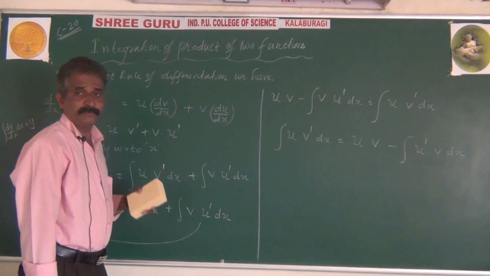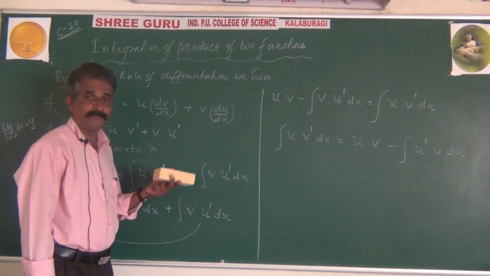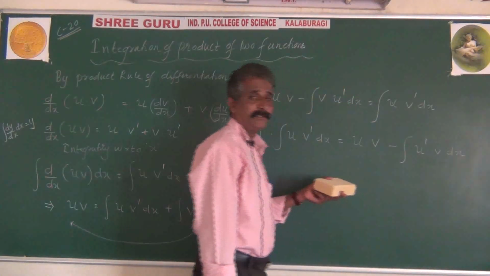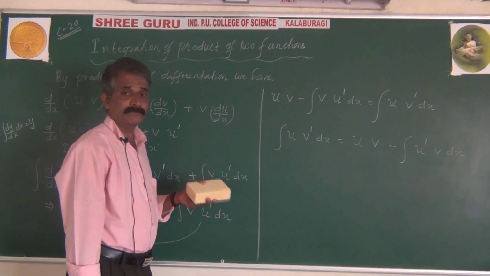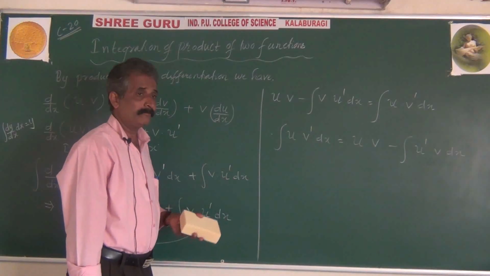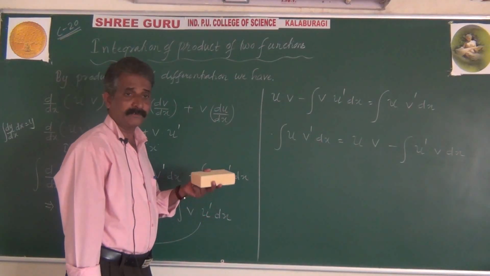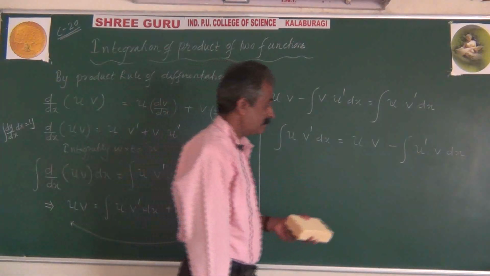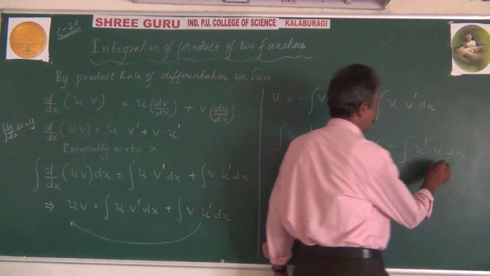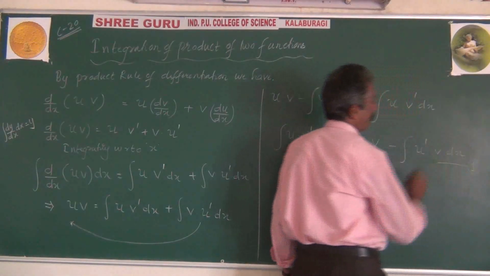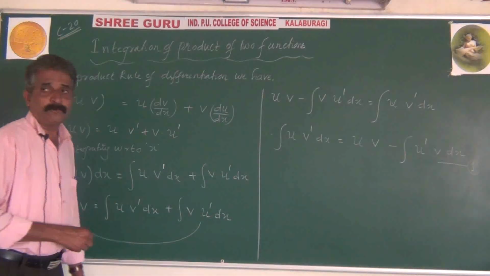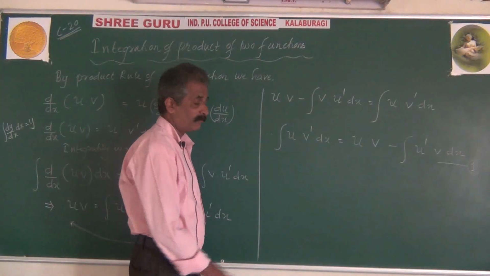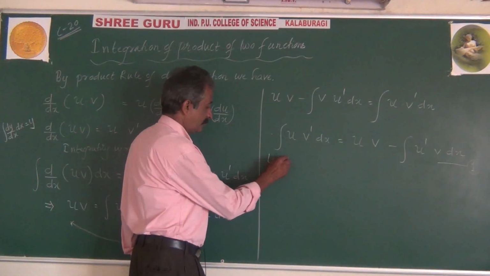This itself is actually the formula for integration of product of two functions, but it will be uneasy for students to understand and to tackle correctly with this formula. So we shall express it in somewhat easier manner. You call this equation 1. So what I do is that I will take u equal to f of x, v dash equal to g of x for a moment.